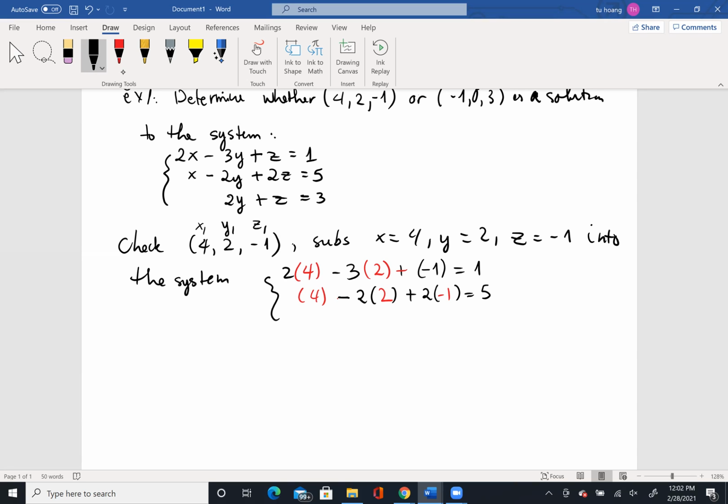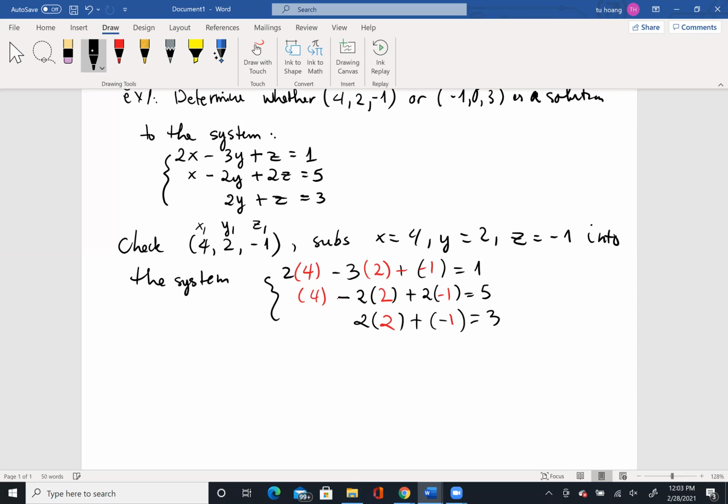And the last equation is 2 times y, which is 2 in this case, plus z, which is -1. So it's 4 minus 1 here, and that's equal to 3.